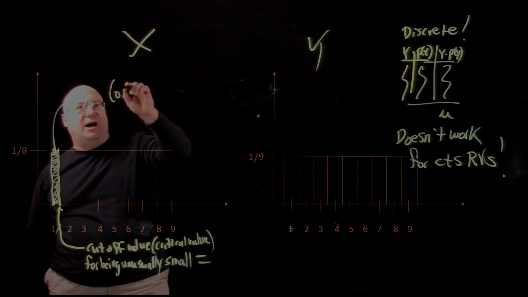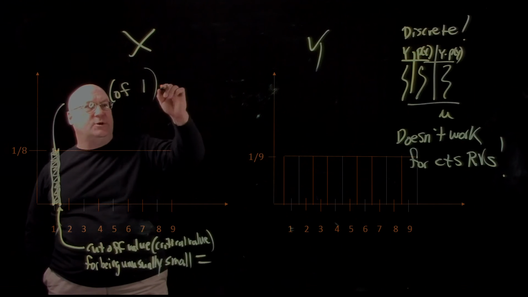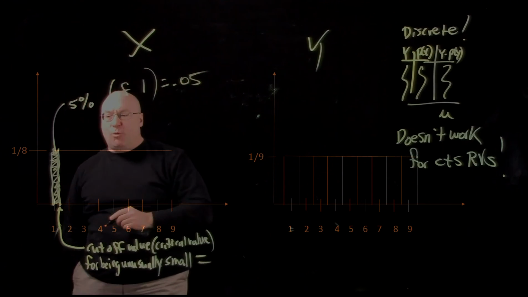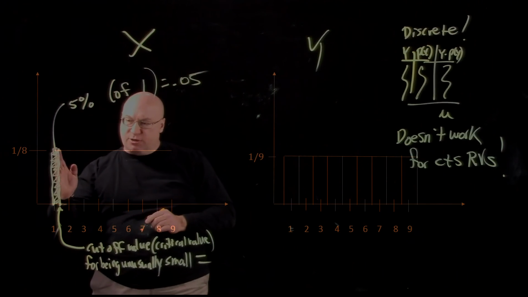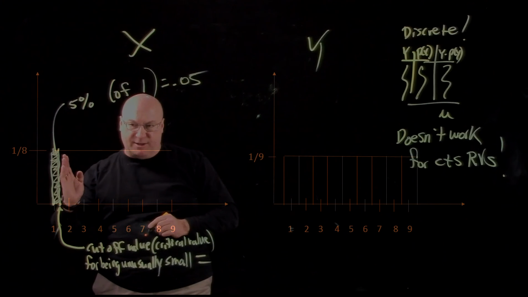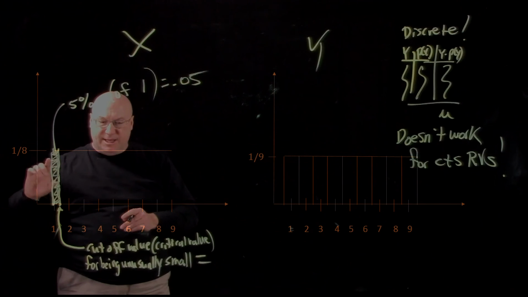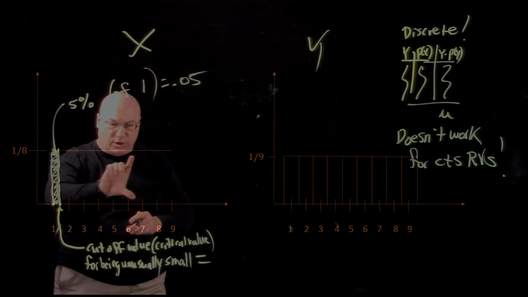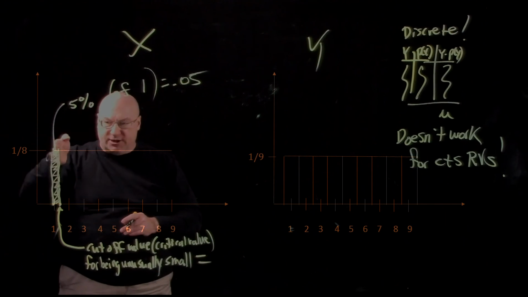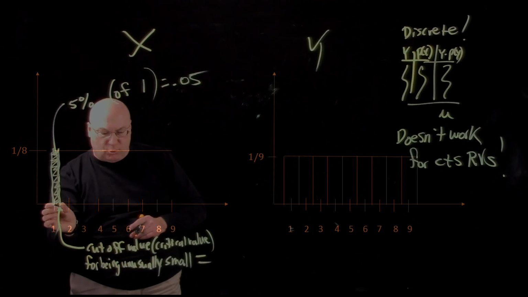Well, it's 5% of 1, so it's just 0.05. I want this area in this little strip to be 0.05. So look at what I want. I have this little rectangular strip. Its height is 1/8 because it's 1/8 all the way across. Its area is 0.05. I just don't know what the width is.